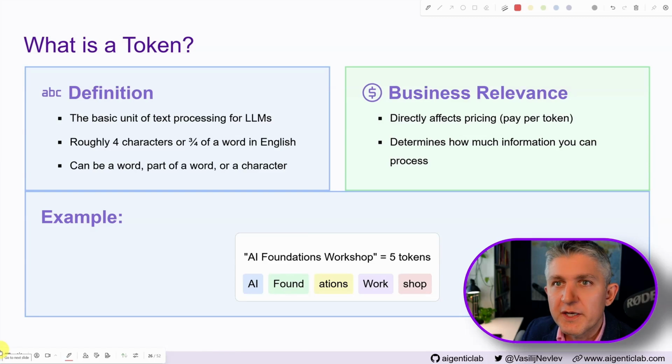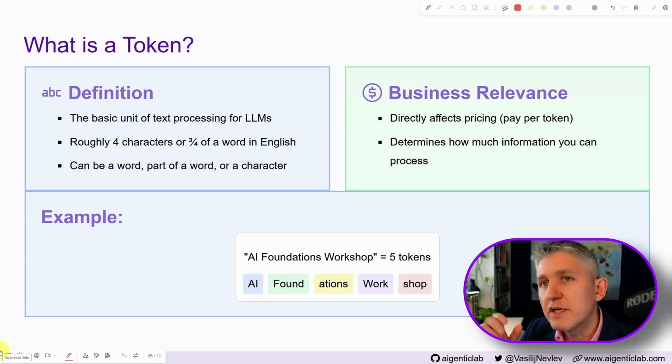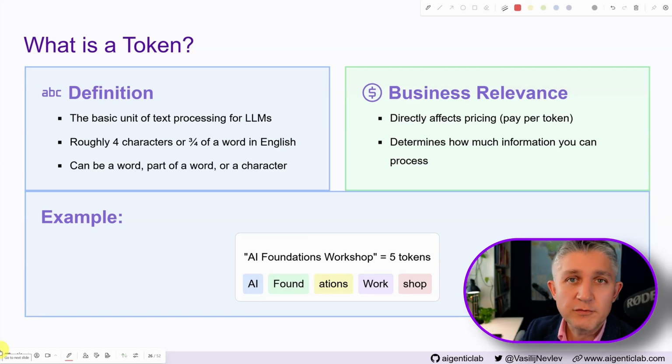It can be a word, it can be a character, it could be a punctuation. It directly impacts how much your inquiry with ChatGPT will cost you. Context is also measured in the length of tokens. It also means the tokens and their conversion means how much information you can process at any one time.